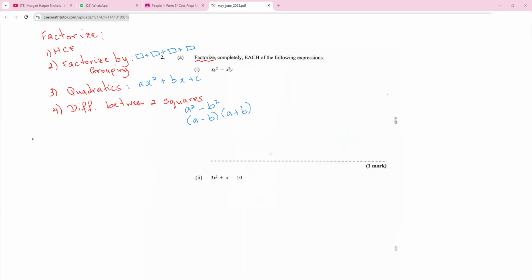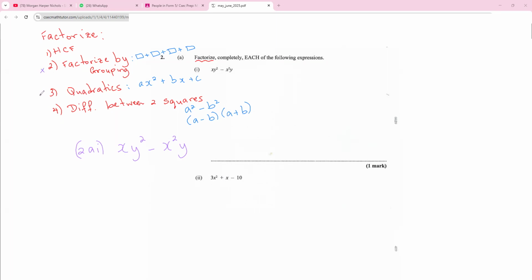All right. So let's take 2A part 1. For 2A part 1, they gave us xy squared minus x squared y. Now, you know for sure that's not a factorized by grouping.